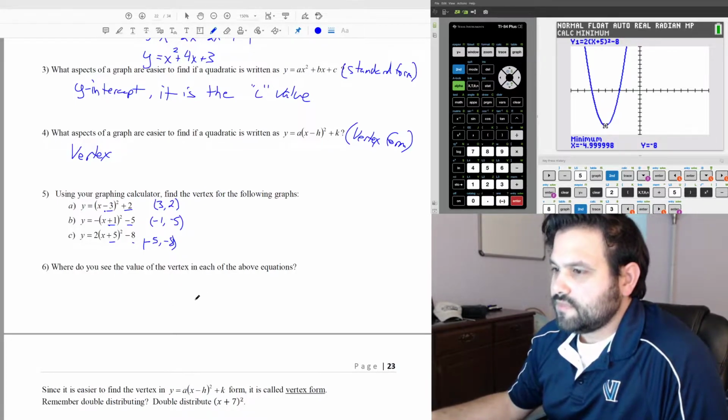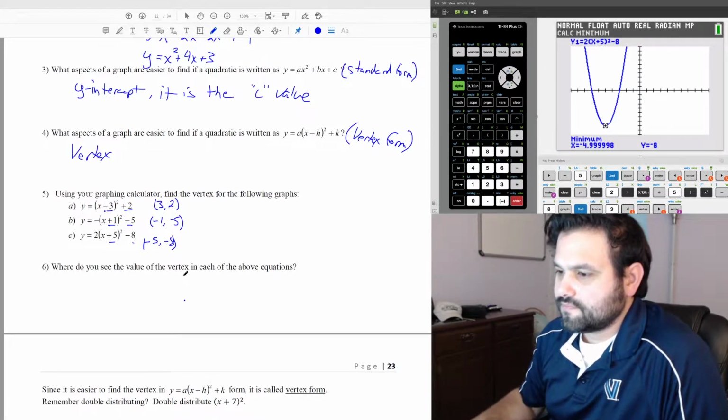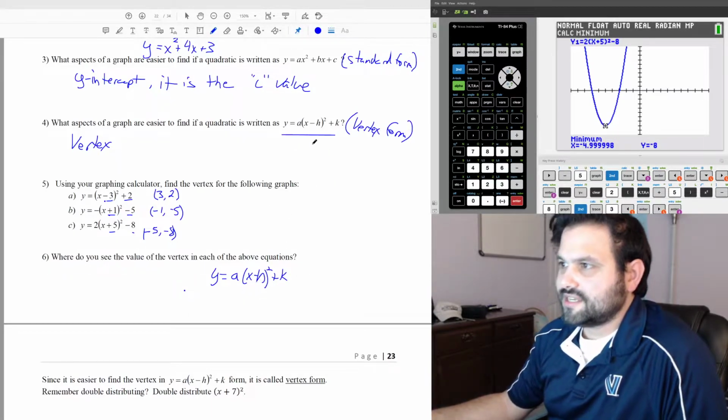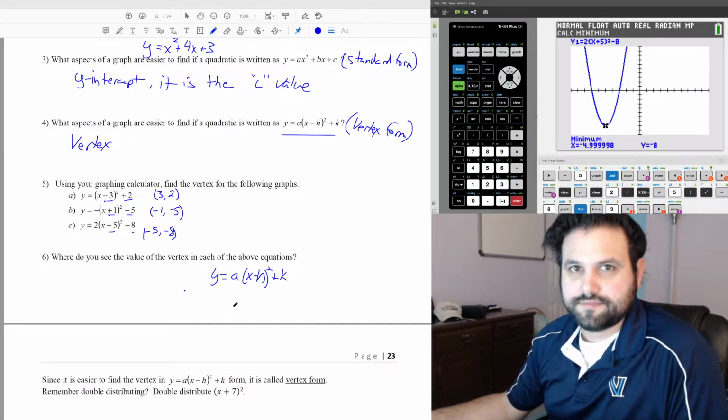So in this form, which I tried to just rewrite, if you notice, it says -h.